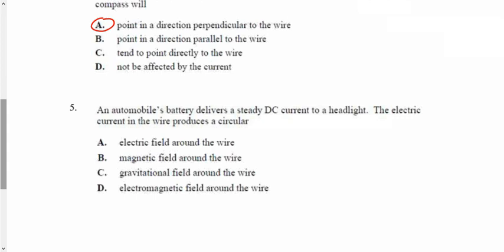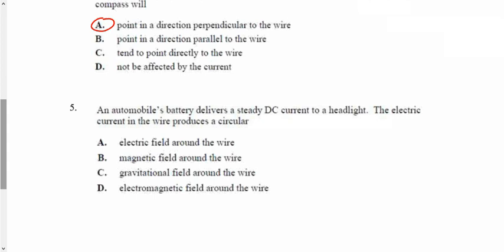Does the current produce an electric field? Yes, because electric charges are present and they produce an electric field. Is it circular? No. Does the current produce a gravitational field? Yes, because charges have mass, and mass produces gravity.